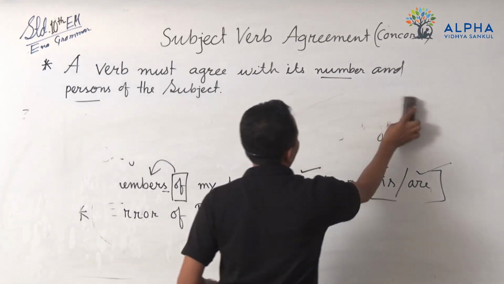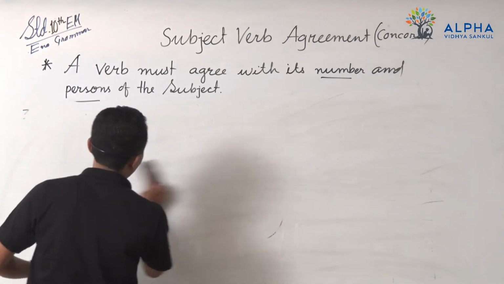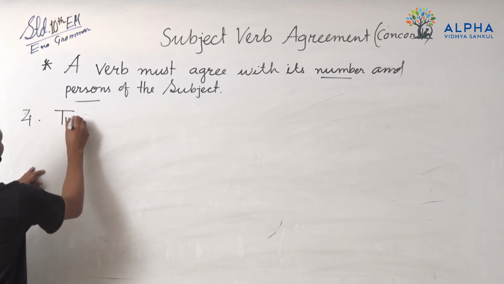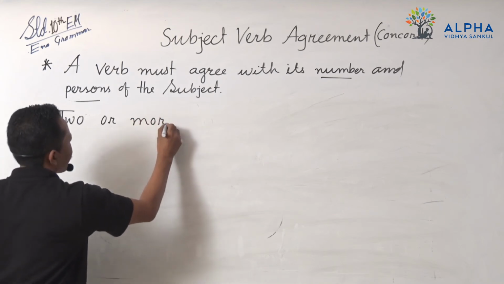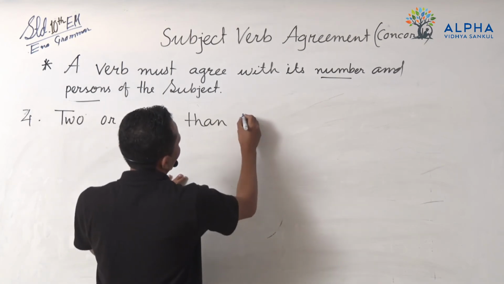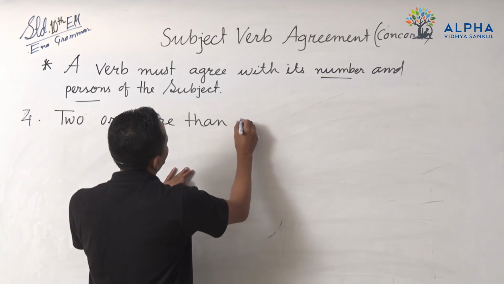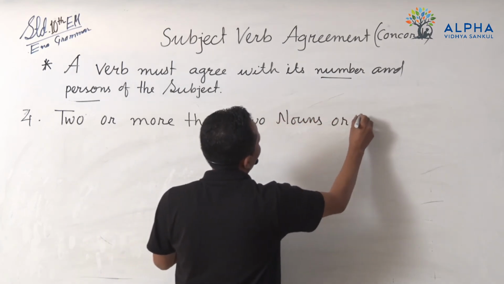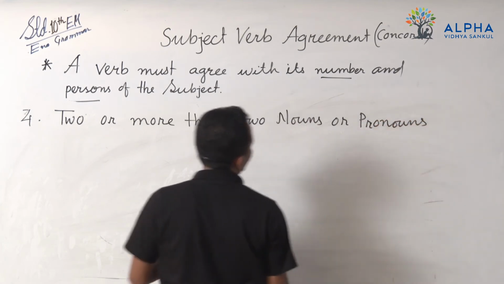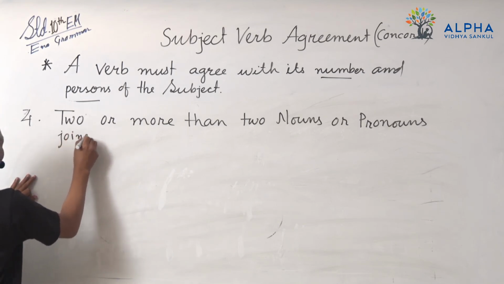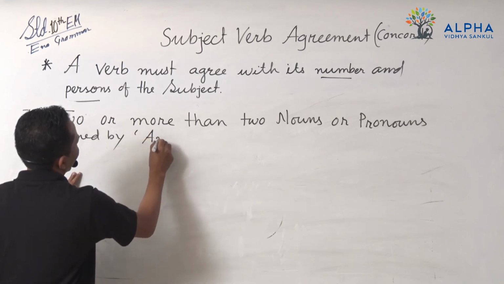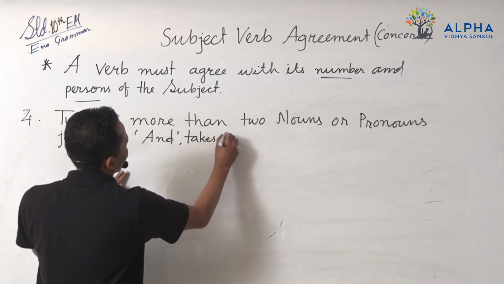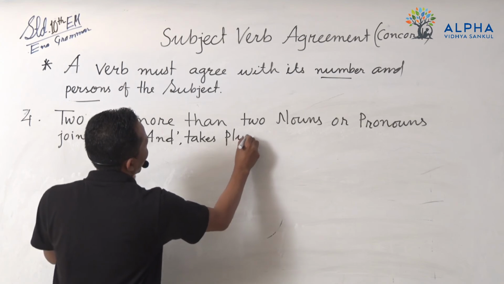And the next is rule number 4. This rule number 4 is, if you see two or more than two nouns or pronouns joined by and, see, the conjunction and takes plural verbs.